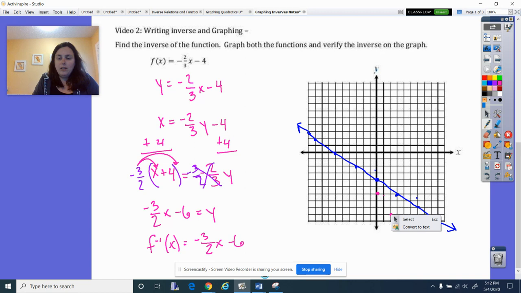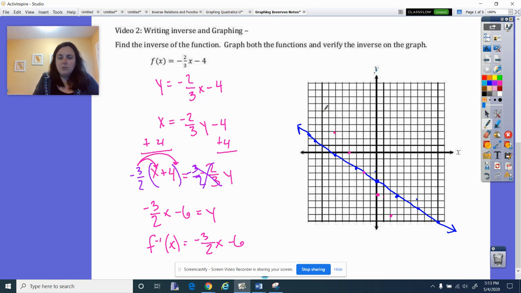Now, how do I get a point on the other side? I have to go up 3 and to the left 2. So from my intercept, I'm going to go up 3, 1, 2, 3, to the left 2, up 3 to the left 2.